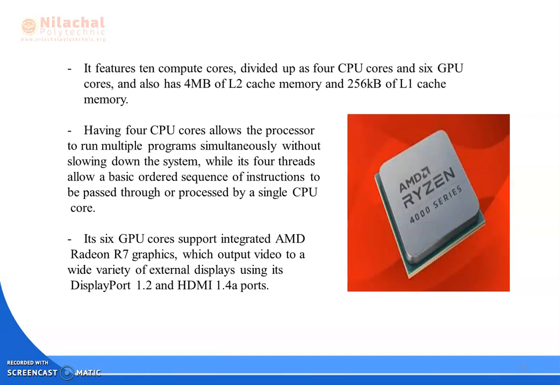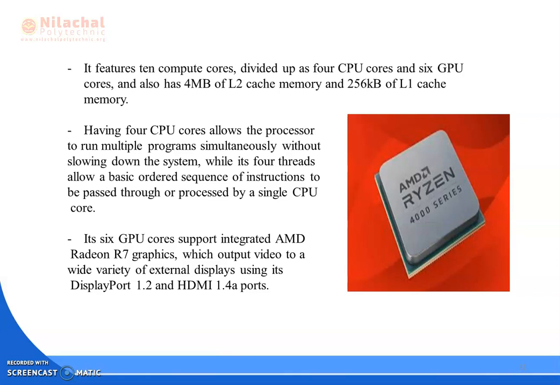Having 4 CPU cores allows the processor to run multiple programs simultaneously without slowing down the system, while its 4 threads also allow a basic ordered sequence of instructions to be passed through a single CPU core.